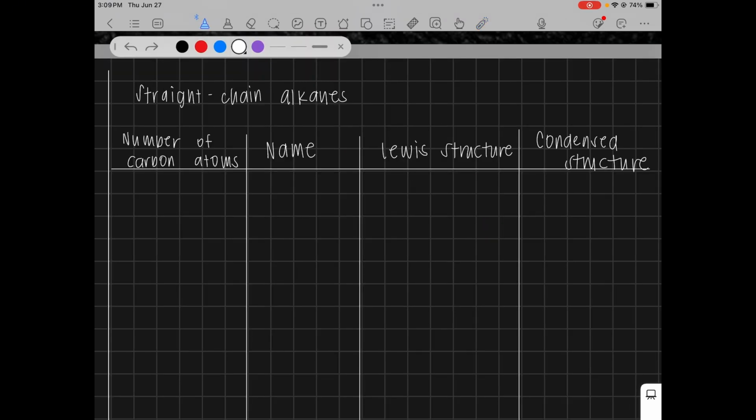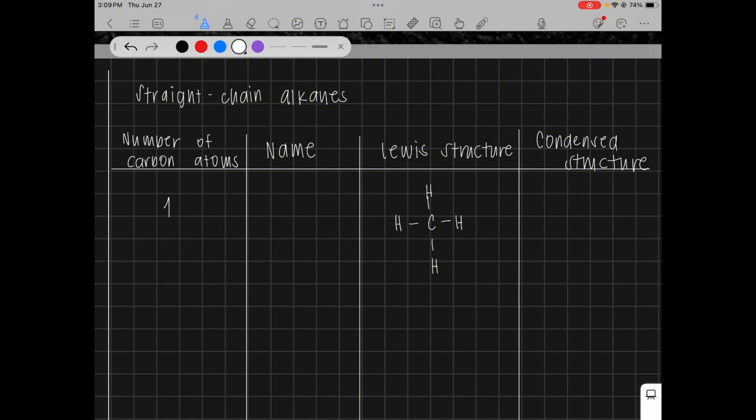Now, in straight chain alkanes, we will base the name on the number of carbon atoms. So, for the first one, I will be giving you this. As you can see, we have one carbon atom.